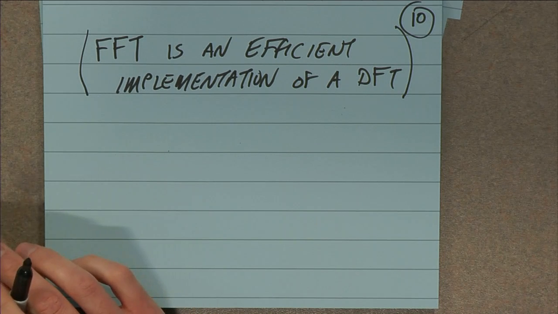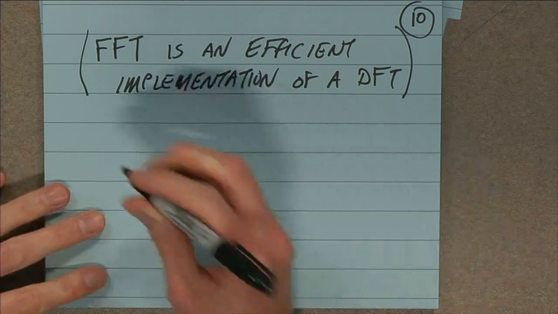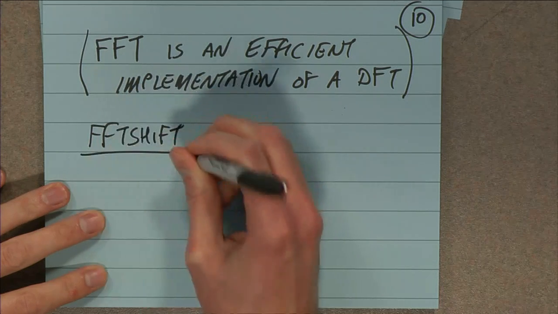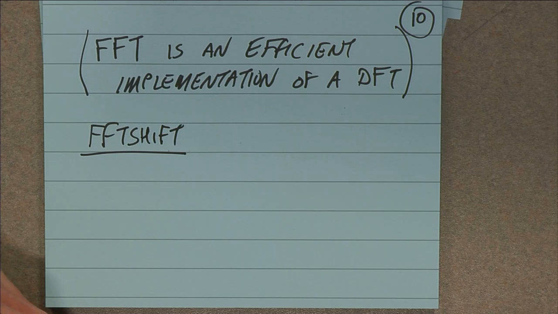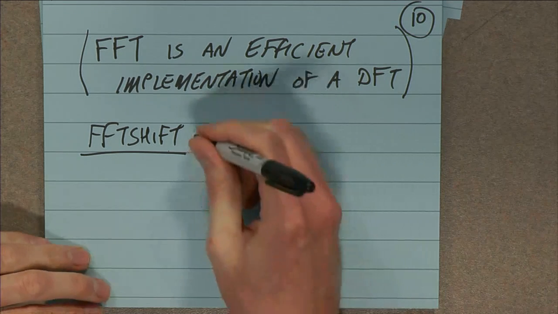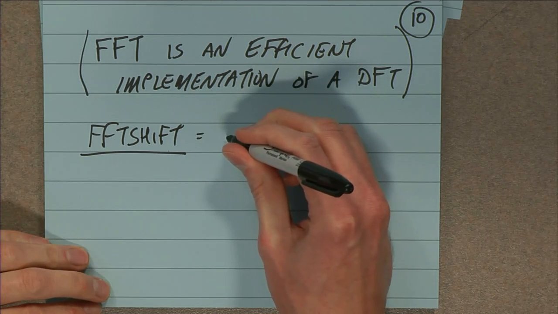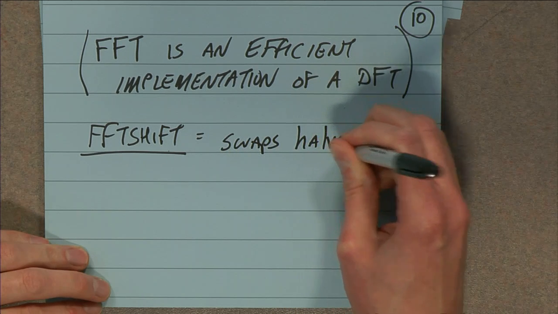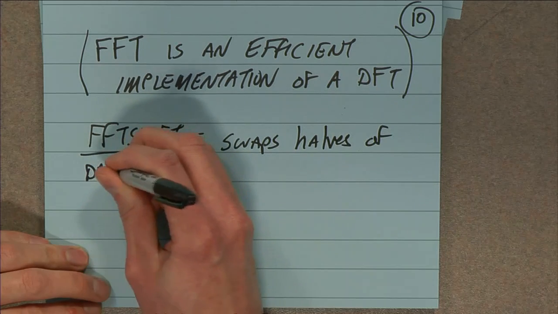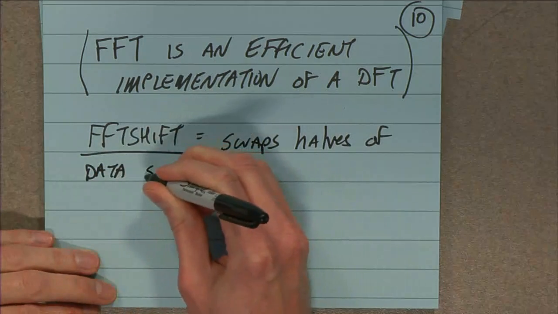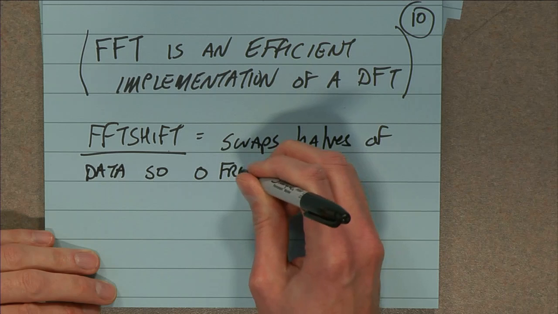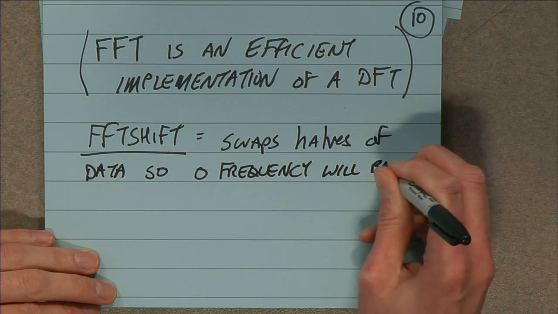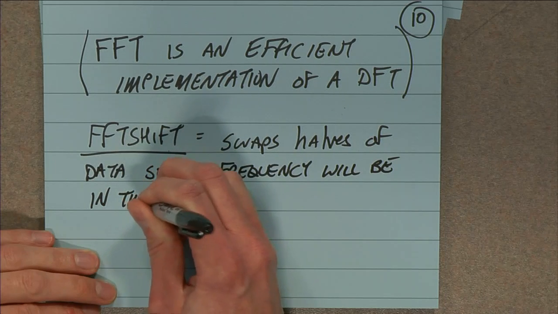And I think the other part is the fftshift command in MATLAB. Has anybody used that before for plotting spectrums? fftshift basically swaps halves of data. So the zero frequency will be in the center.